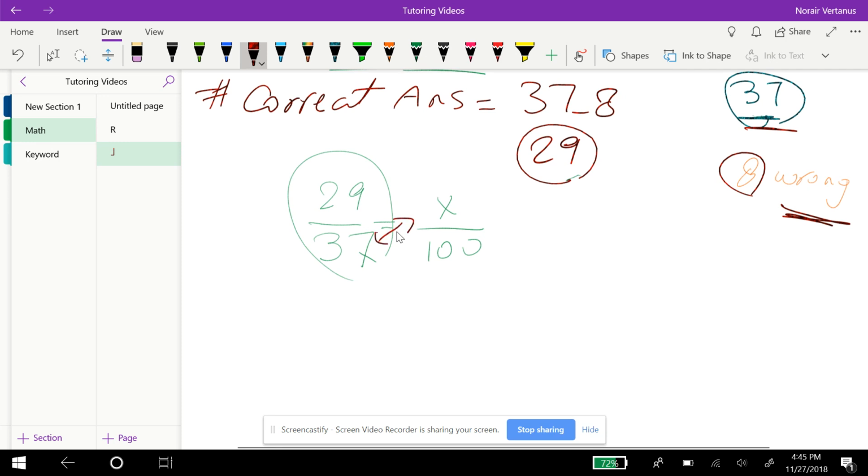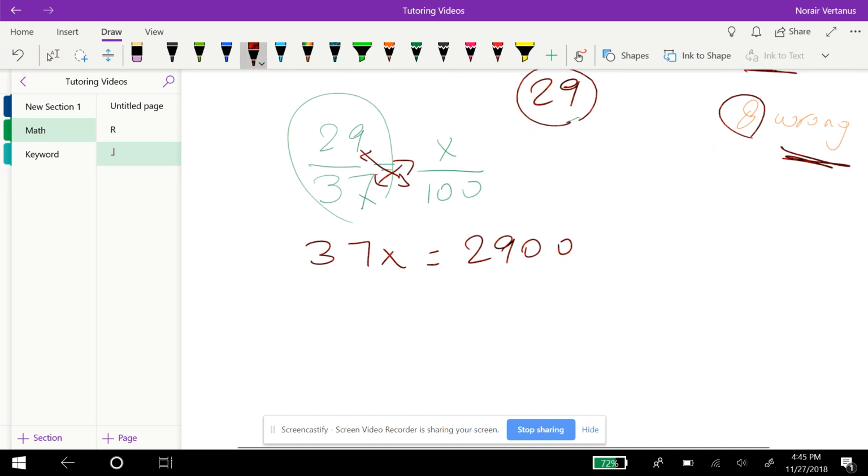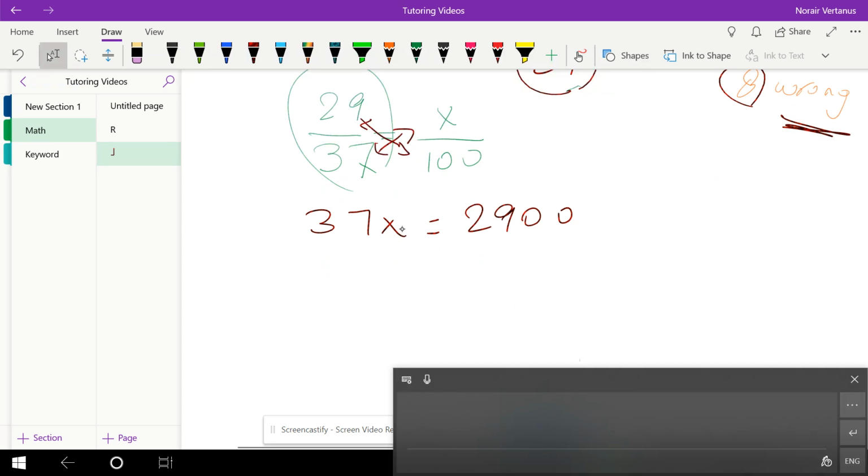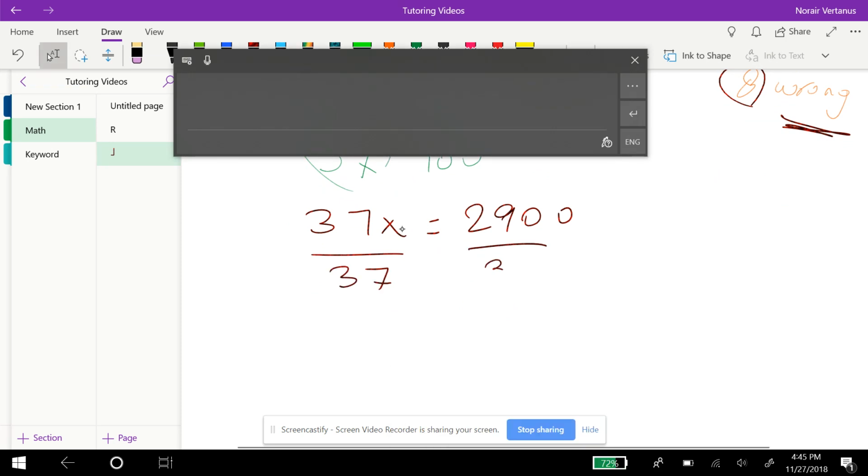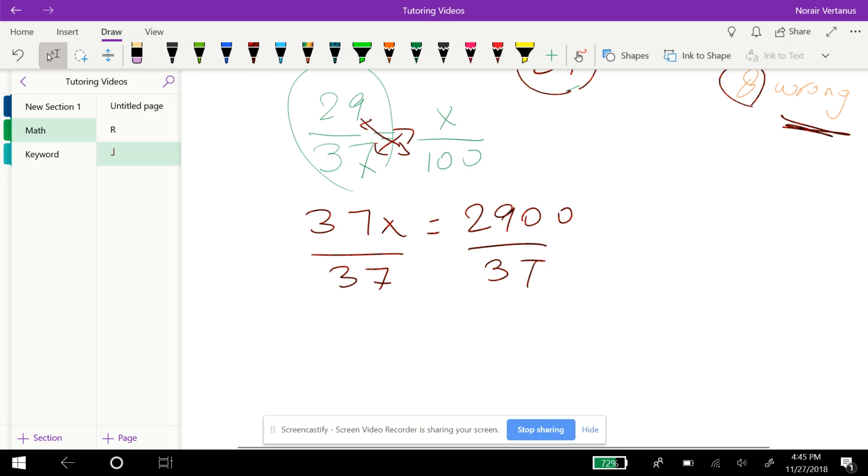This time, 37x equals 29 times 100, which is 29 with 2 zeros. Then you solve for x by dividing by 37. So this divided by this is 1, and x is equal to 2900 divided by 37. Let's do that.